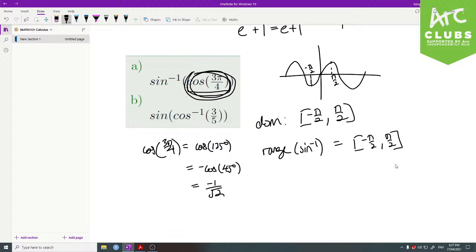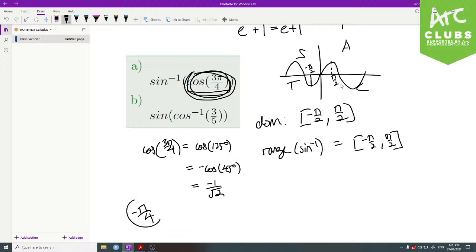So what quadrant will give you a negative sine value? That has to be the fourth quadrant, right? So the fourth quadrant for sine will give you negative values because of the ASTC.